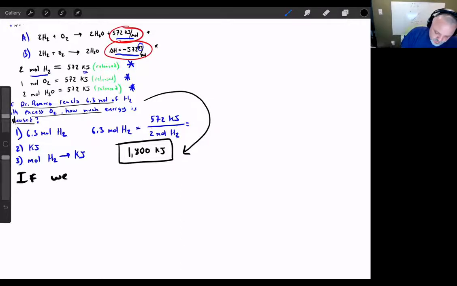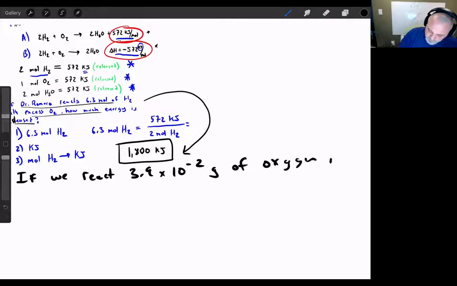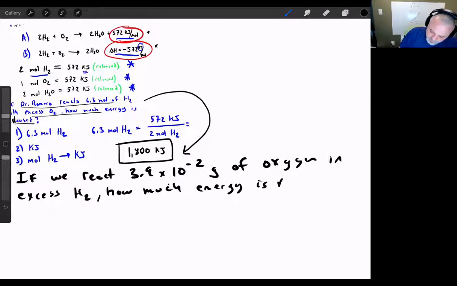If we react 3.9 times 10 to the negative 2 grams of oxygen in excess hydrogen, how much energy is released?